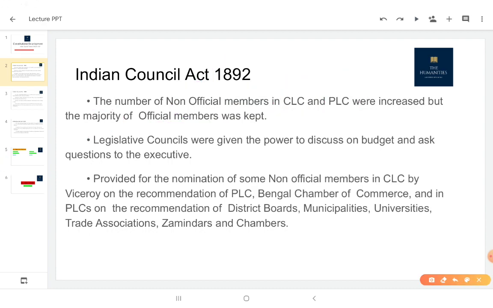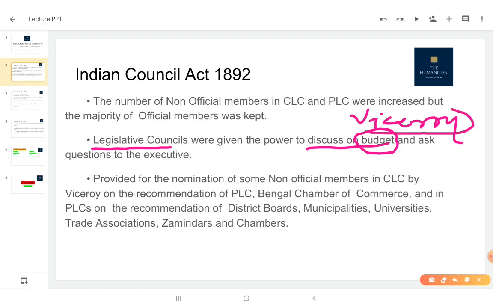Then the legislative councils were given the right to discuss the budget. The budget which was passed by the Viceroy, the legislative councils were not allowed to discuss it and ask supplementary questions on it.